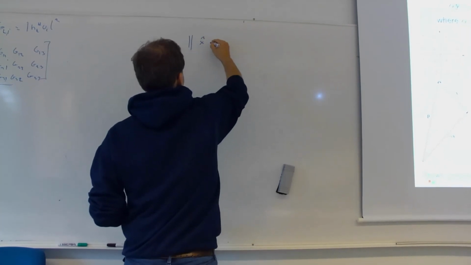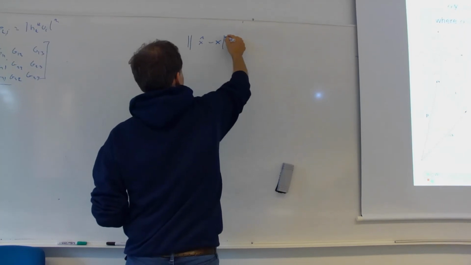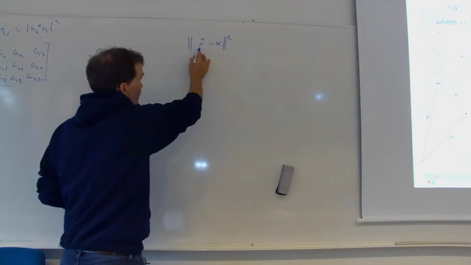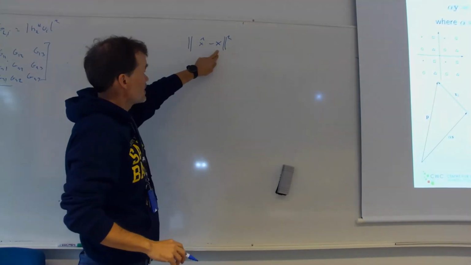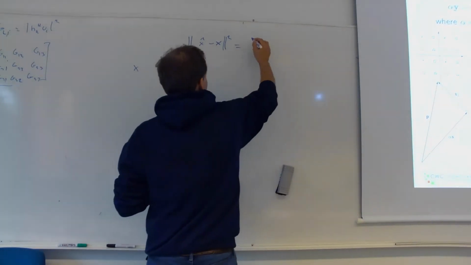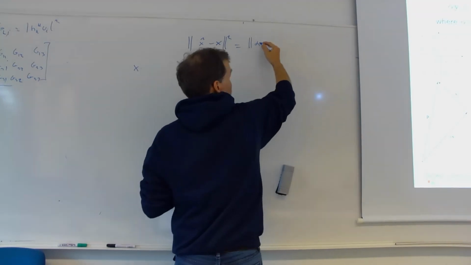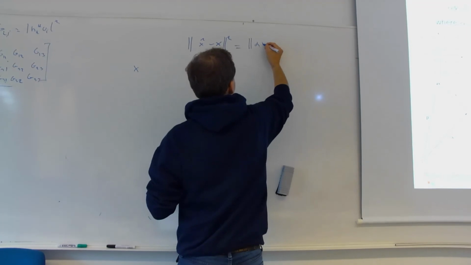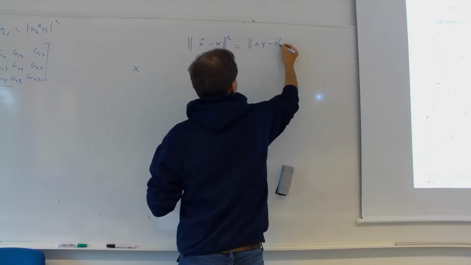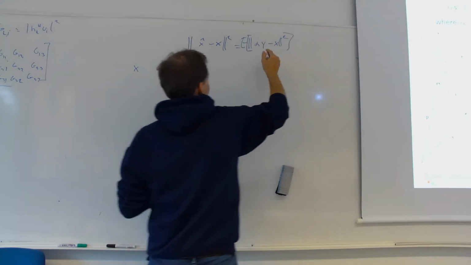We have x hat minus x, which is the mean square error between the received estimated signal and the transmitted signal, and the estimation happens at the output of this optimal scalar filter.